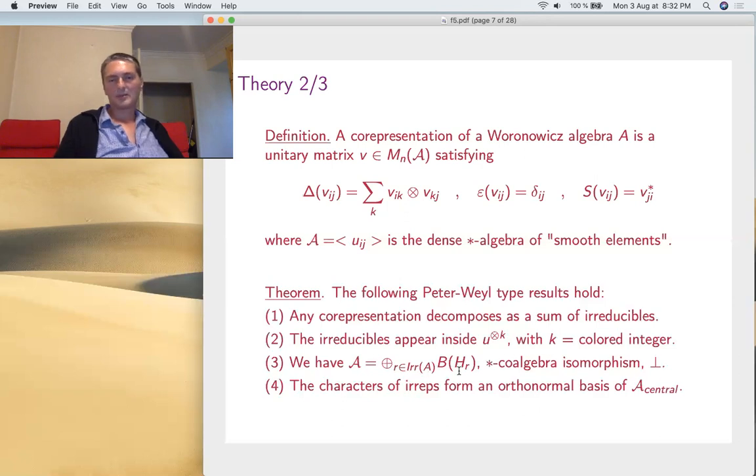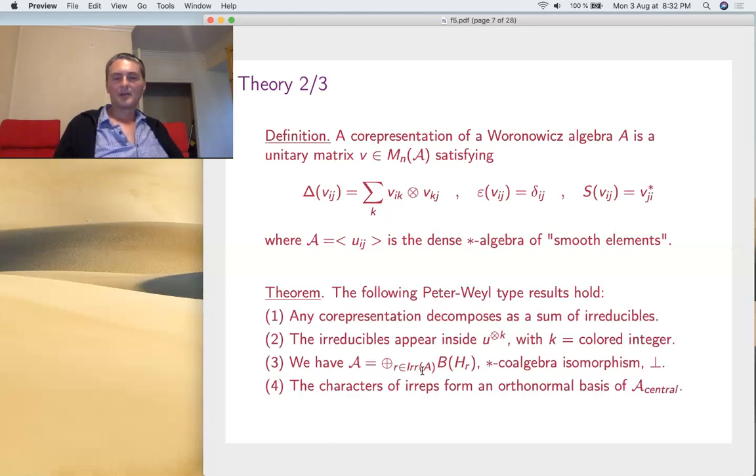So this is of course not an algebra isomorphism. If you take a usual group where A is commutative, this cannot be a sum of matrix algebras, right? It's a co-algebra isomorphism. The main part is that it's a vector space isomorphism, but it's actually a star co-algebra isomorphism if you want to be more precise.